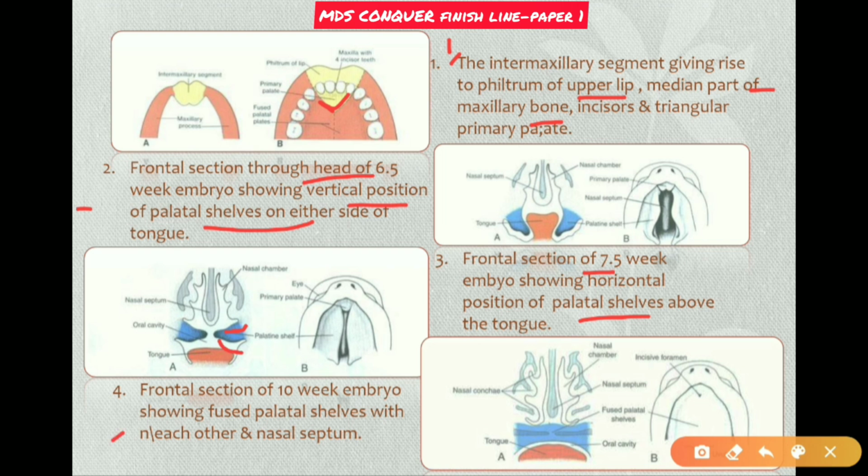And the last is a frontal section of a 10-week embryo showing the fused palatal shelves. These are the stages in the 6th week, 7th week, and the 10th week. If you can remember, you can include these points also, and one or two diagrams. You can directly draw the 10th week diagram.